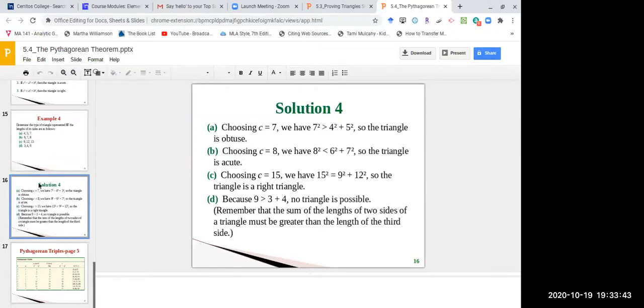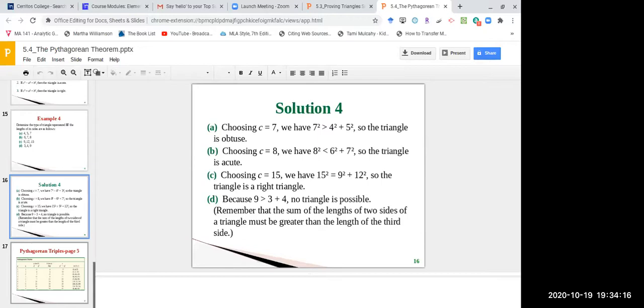And basically, we're looking for the type, and this goes back to the theorem, okay? So if you have 3 figures that fit, remember, the longest one is the hypotenuse. So like C squared is equal to the sum of the squares of the other 2.